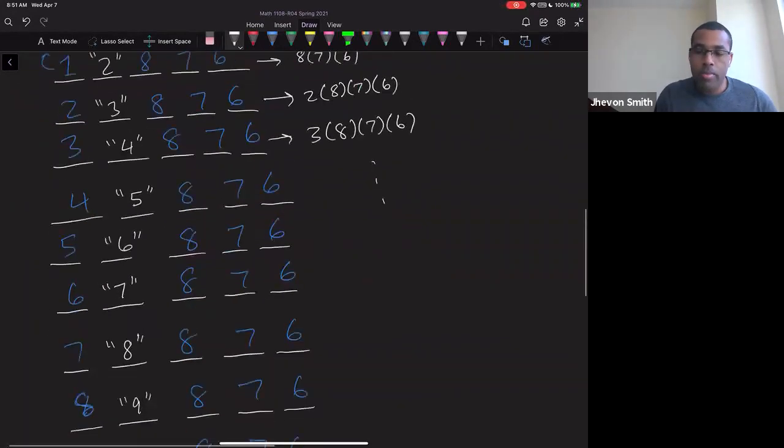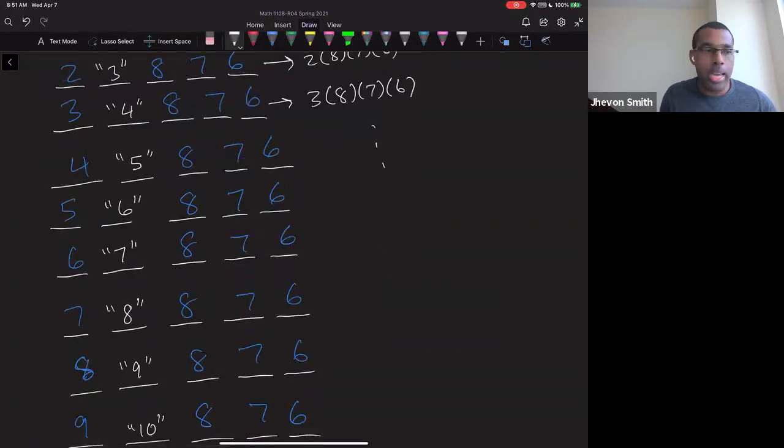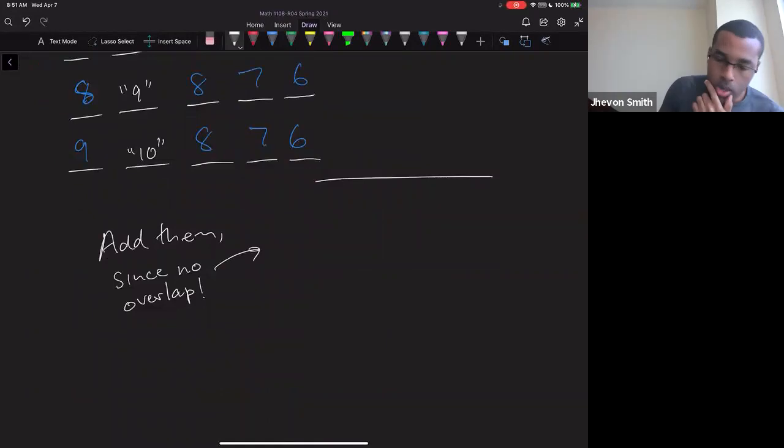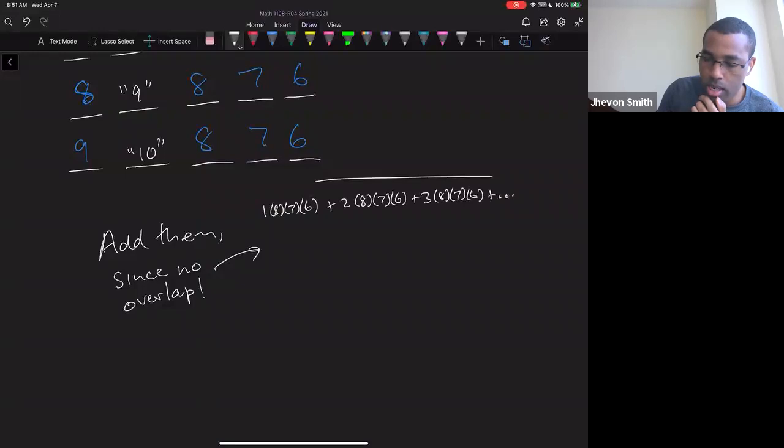You'll notice that there's a common 8, 7, 6 there. So I would have 1 times 8 times 7 times 6 plus 2 times 8 times 7 times 6 plus 3 times 8 times 7 times 6 plus dot, dot, dot, all the way up to 9 times 8 times 7 times 6.